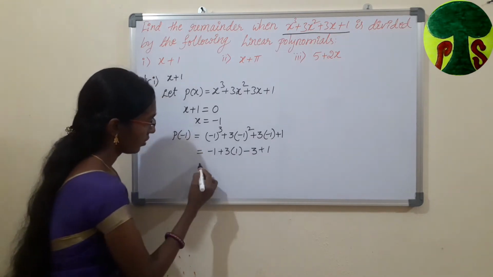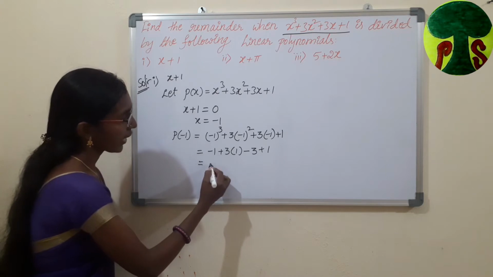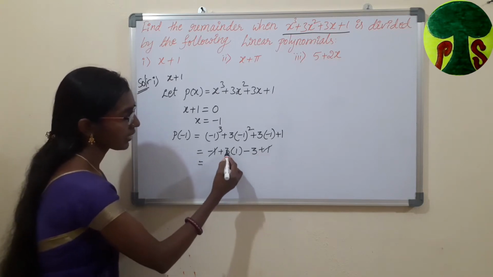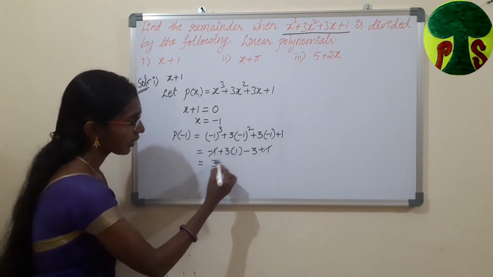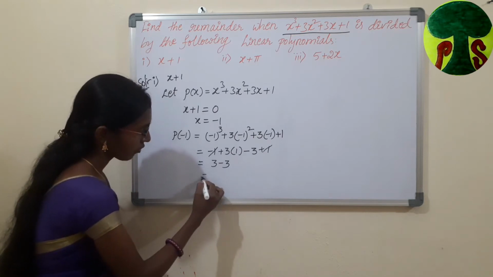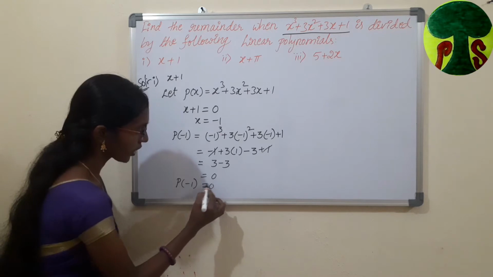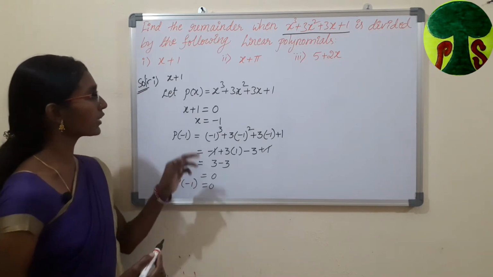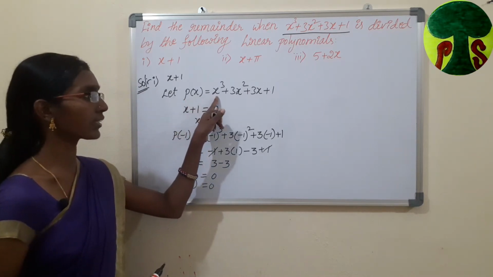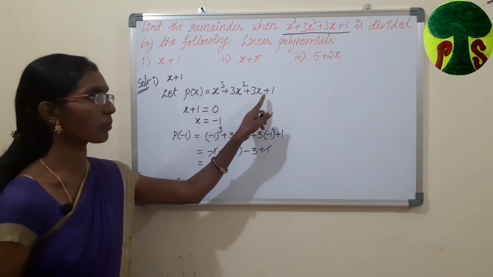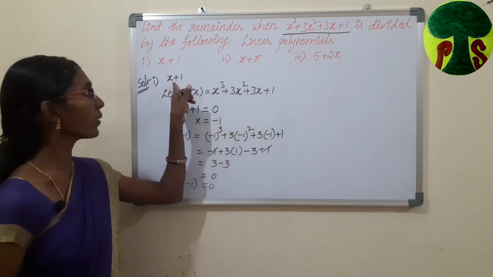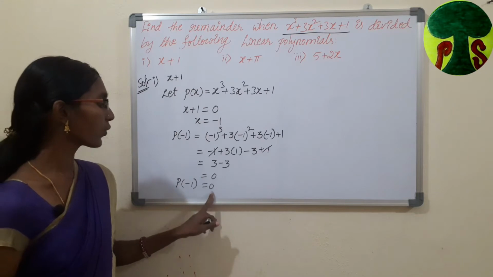plus 1, which is equals to minus 1 plus 1 gets cancelled. 3 into 1 is 3. 3 minus 3, which is equals to 0. Here p of minus 1 is equals to 0, which means the remainder of p of x is equals to x cube plus 3x square plus 3x plus 1 when it is divided by x plus 1 is 0.